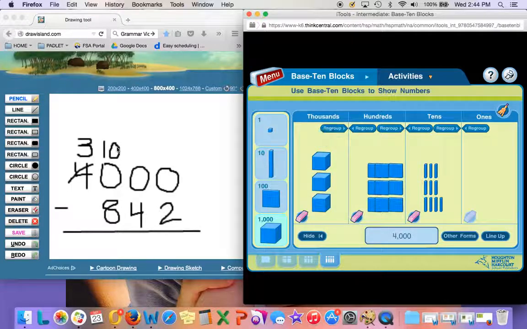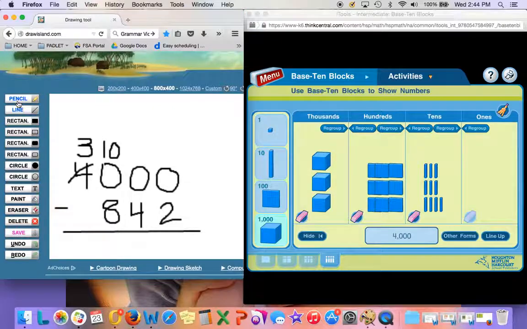So now I'm going to show you. Again, I'm going to take away one of these hundreds. Oops, I did that a little too soon. Let's try that again. Before I can give to the tens, I have to take away. So I'm going to take away one of those hundreds, and I'm left with 9 hundreds. And I'm going to move one of those hundreds over here into the tens place.